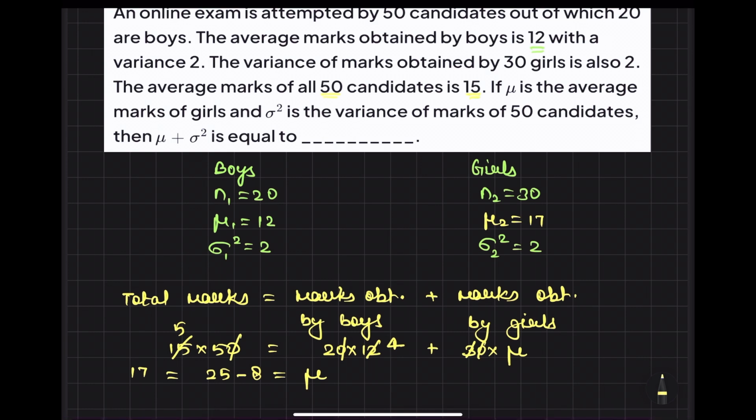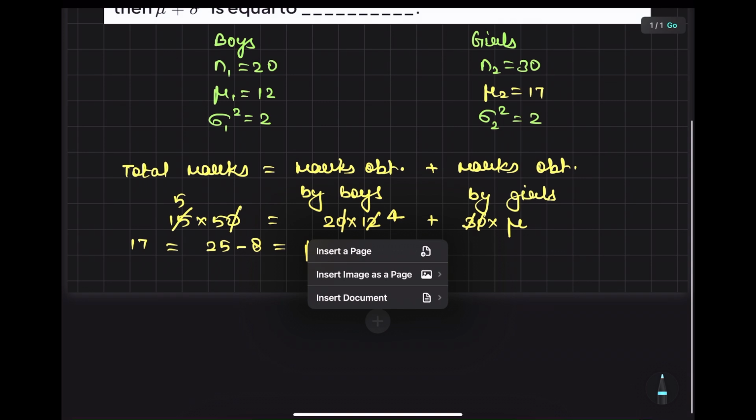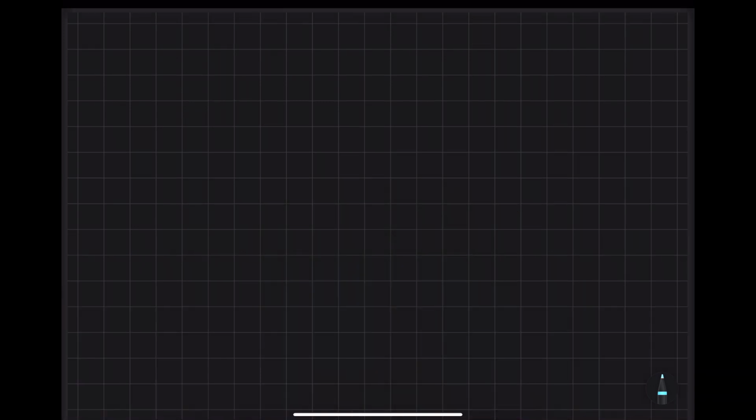So this variance is the variance of all 50 candidates. This is talking about the total boys and the girls together, so we will apply the formula. What was that formula?